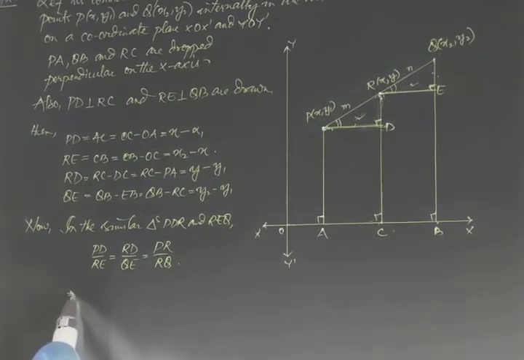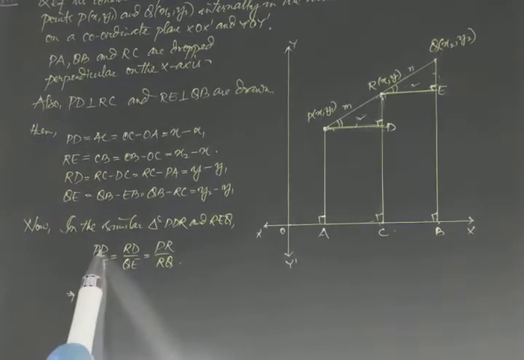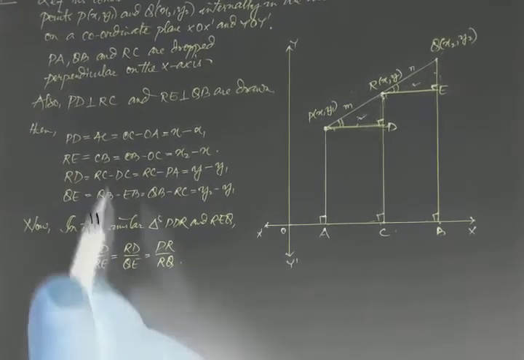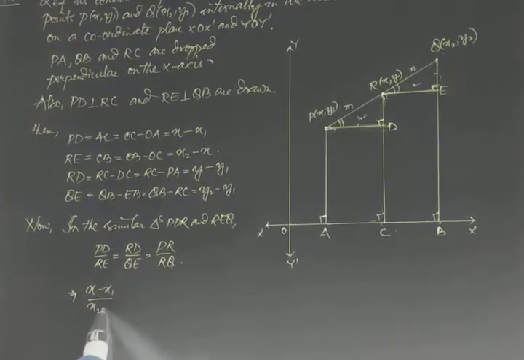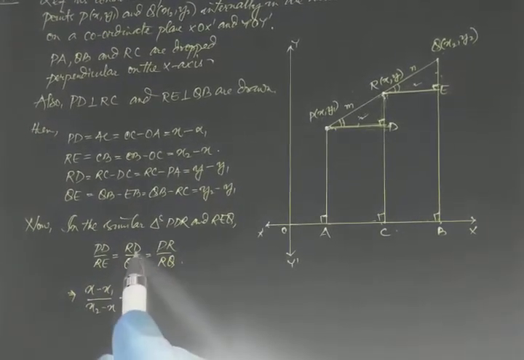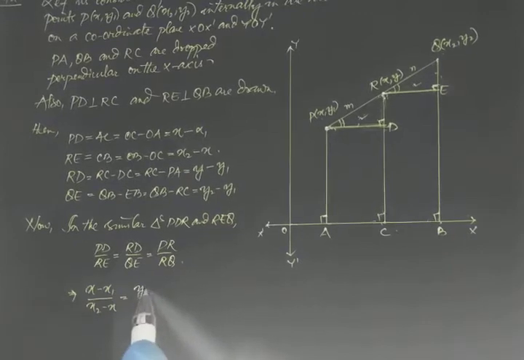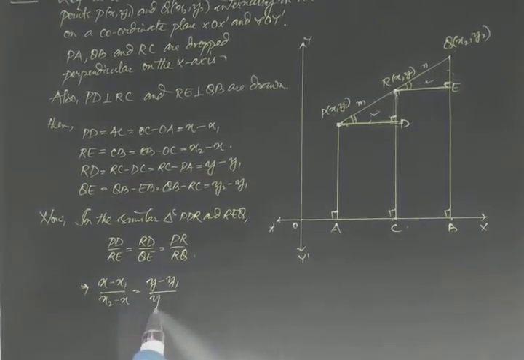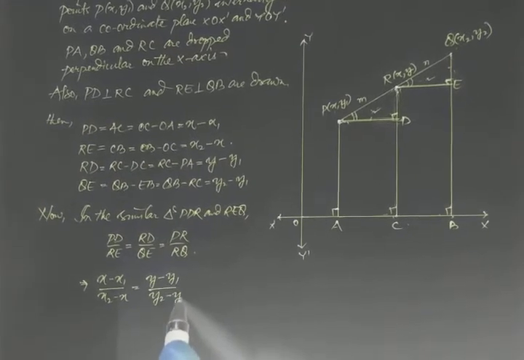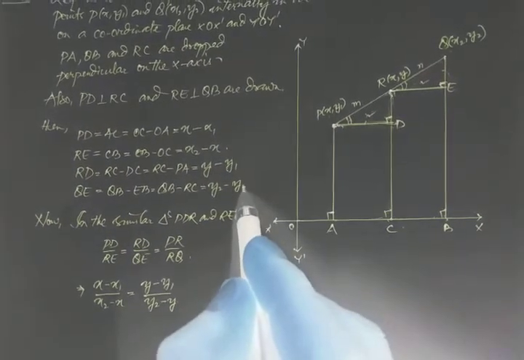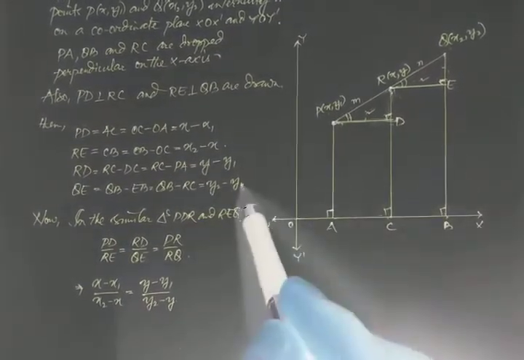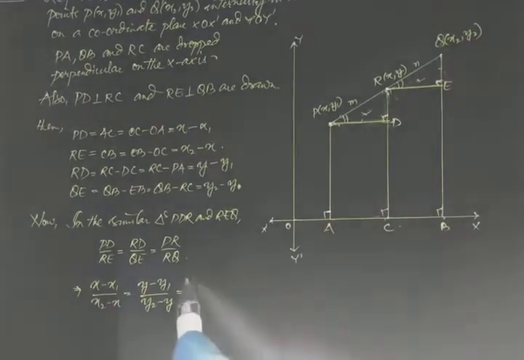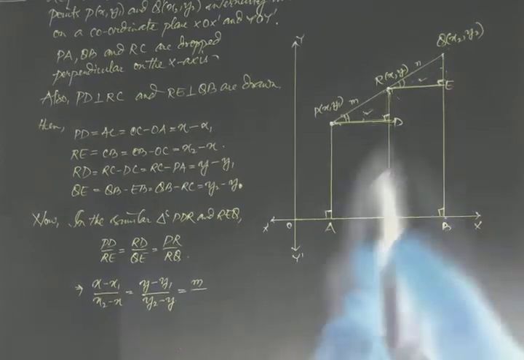Now putting these values as we have here, in place of PD, x minus x1, RE is x2 minus x, which is equal to RD, y minus y1, QE, y2 minus y, which is equal to, in place of PR, m, RQ is n.